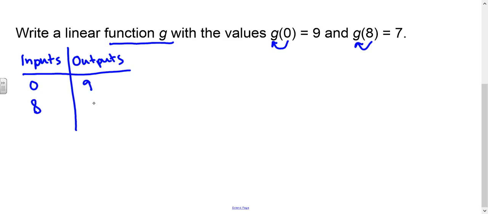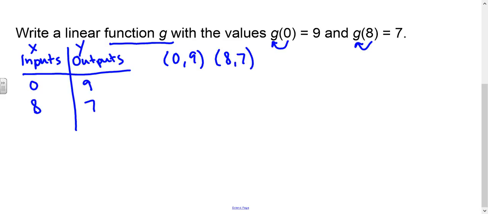I get 7. Now, inputs and outputs are just different ways to represent what things? Well, these are how we represent x as our inputs and y as our outputs generally. So, really, I just have two coordinates again. I have the point 0, 9, and I have the point 8, 7.